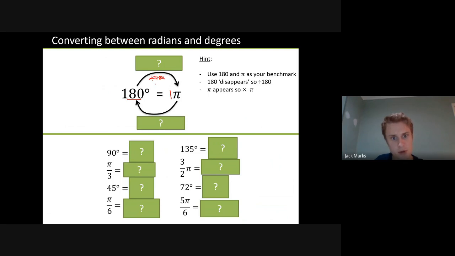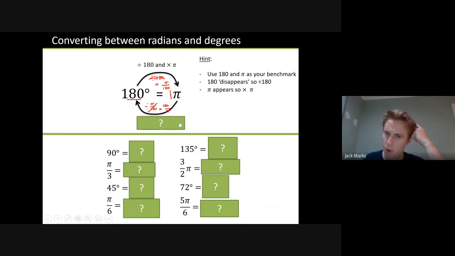So it's probably more useful to write something like this: divide by 180 and pi appears. And the other way around must be dividing by pi over 180, and keep flip change says that that's the same as 180 appearing over pi.